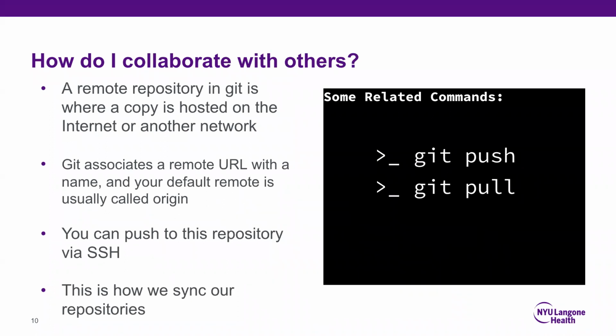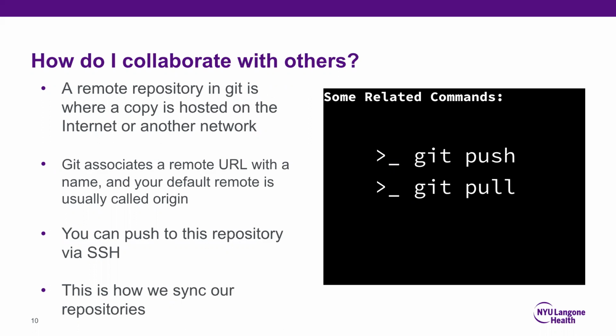One of the benefits of Git is the fact that we can collaborate with other people. Of course, today we're going to be using GitHub as that method of collaboration. But if we're going to collaborate with others, we need a remote repository. A remote repository in Git is where a copy is hosted on the internet or another network.